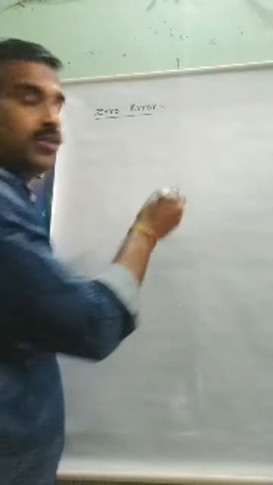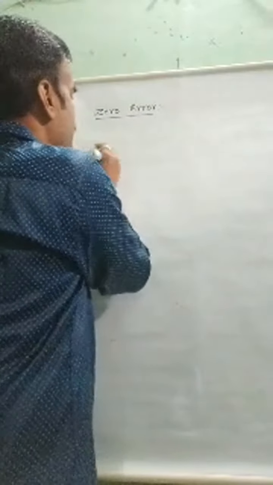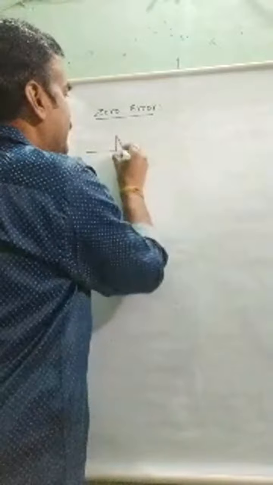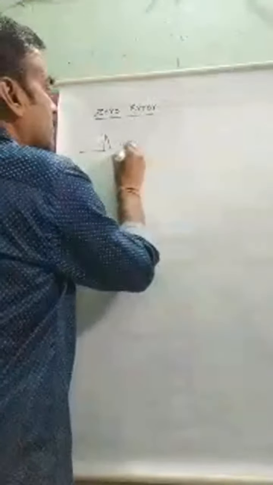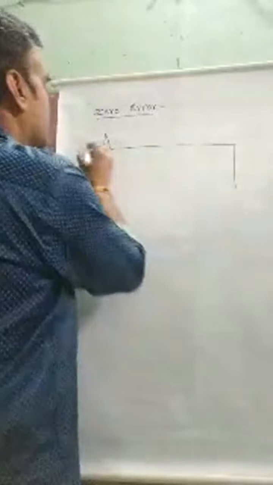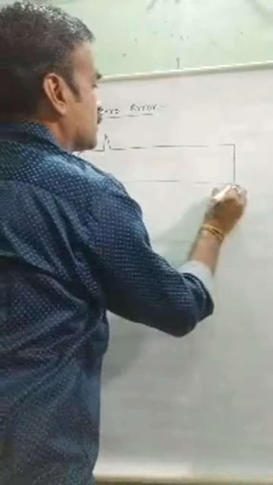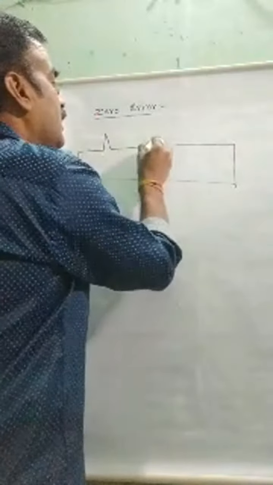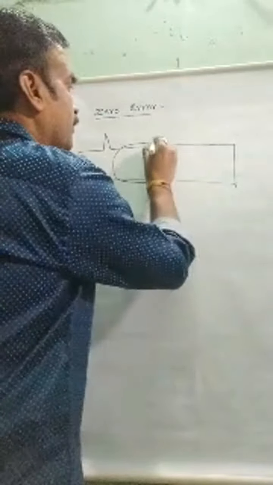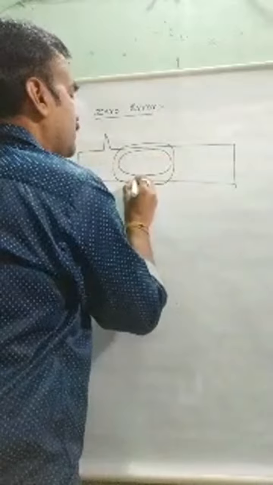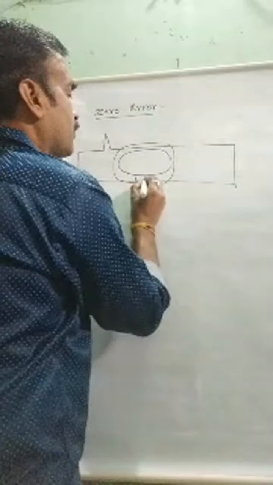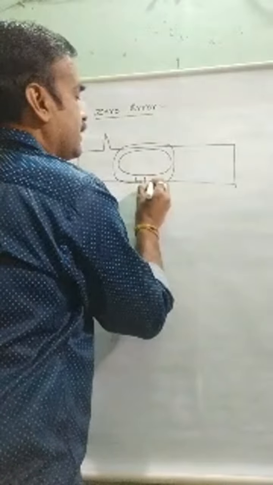it is in the diagram. From the diagram I have taken, suppose, as already explained, there are two jaws. Here the Vernier scale will be there. In the Vernier scale there were 10 divisions: 5, 6, 7, 8, 9, 10.